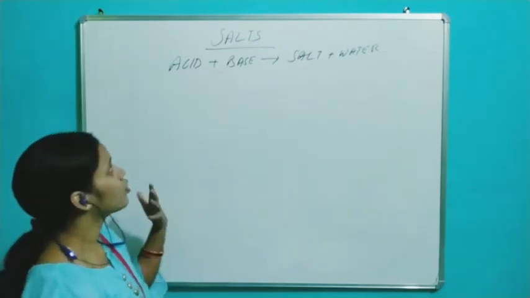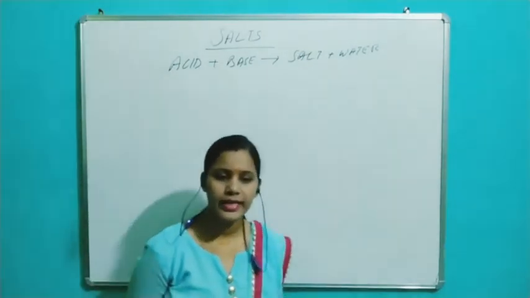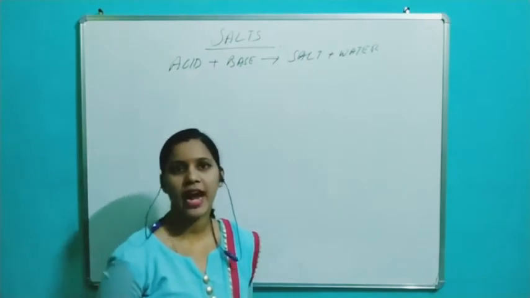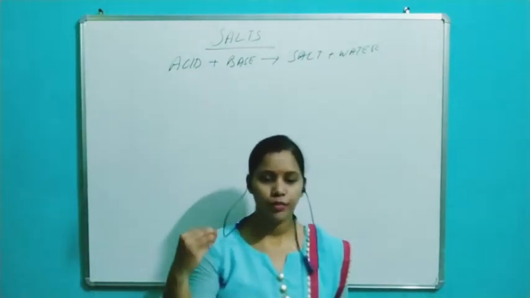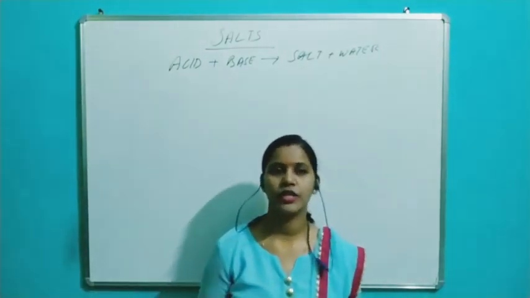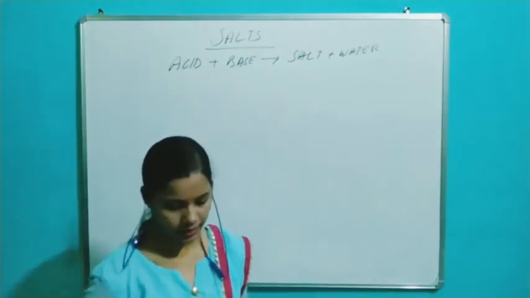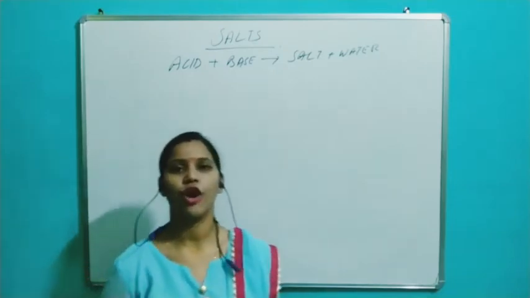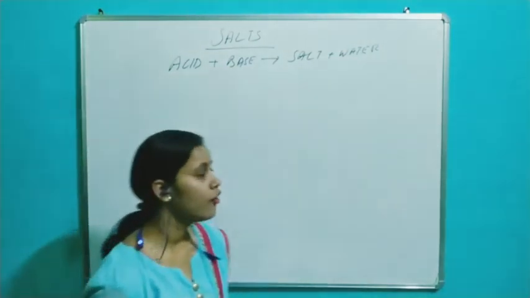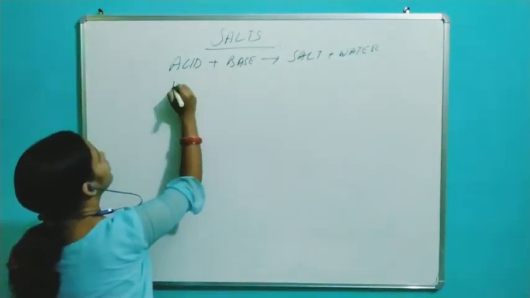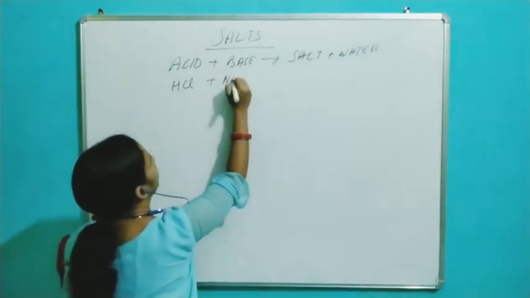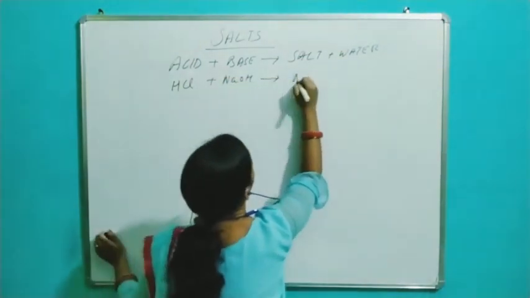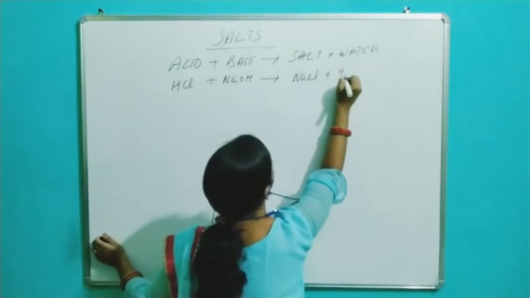We have learned so many examples when acid reacts with metal and hydrogen is replaced from the acid. Another thing is that a salt is produced by the reaction of an acid and a base. For example, HCl plus NaOH gives NaCl plus water.